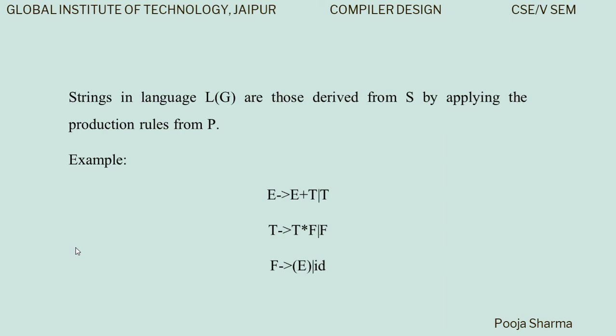These are the terminal symbols because this particular grammar is for arithmetic expressions that have multiplication and addition as the operators, and the parenthesis is also there. So you can have an expression like 2 plus 3 into 5. This is supposed to be a valid string of this language.